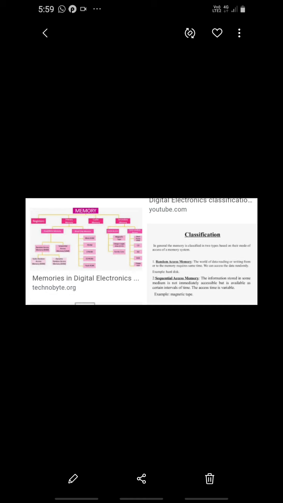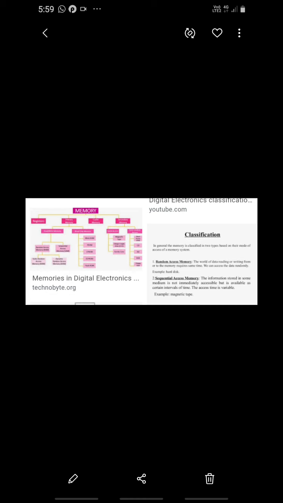Auxiliary memory operates at a much slower speed than internal memory. It stores programs and data that are not currently being used by the CPU. This information is transferred to the internal memory when the computer needs it.